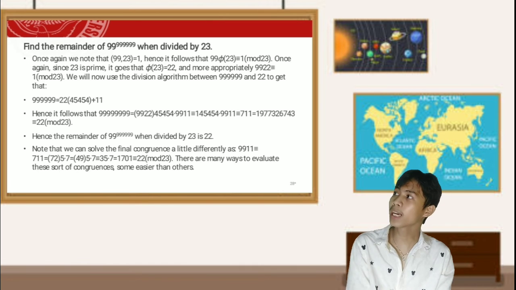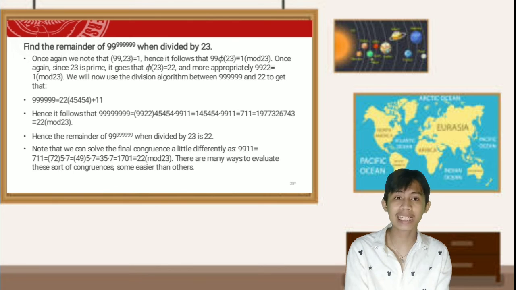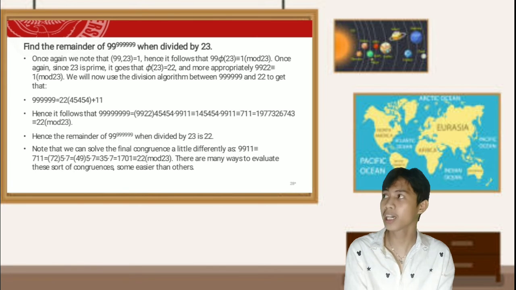Note that we can solve the final congruence a little differently as 99 to the power of 9 is congruent to 7 to the power of 9, which is equal to 7 squared times 5 times 7, equal to 49 times 5 times 7, congruent to 3 times 5 times 7, equal to 105, congruent to 22 mod 23.